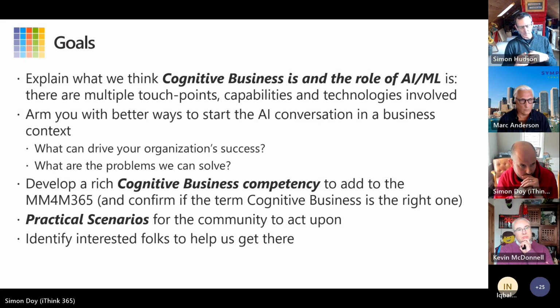We really want to think about how these thinking technologies help us drive organizational success, and what kinds of problems we can solve. But I'm particularly interested in the relationship between the cognitive systems and the cognitive humans, and how these things work alongside each other.